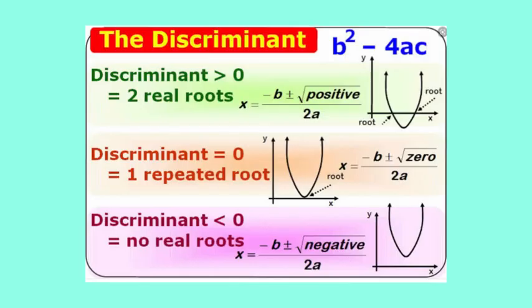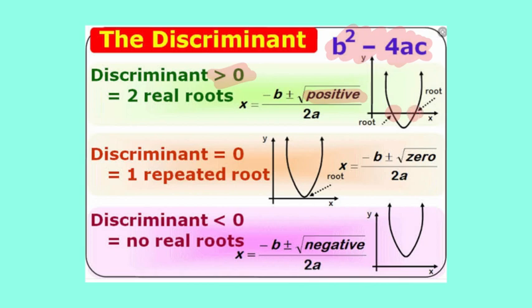It is the discriminant b squared minus 4ac that determines the number and the nature of the roots. If the discriminant is greater than 0 or positive, a quadratic will have 2 roots.